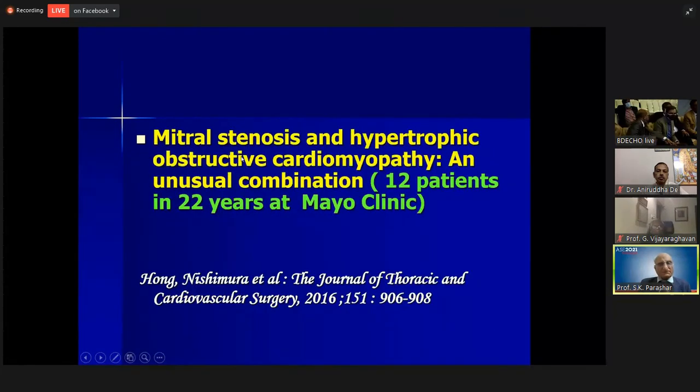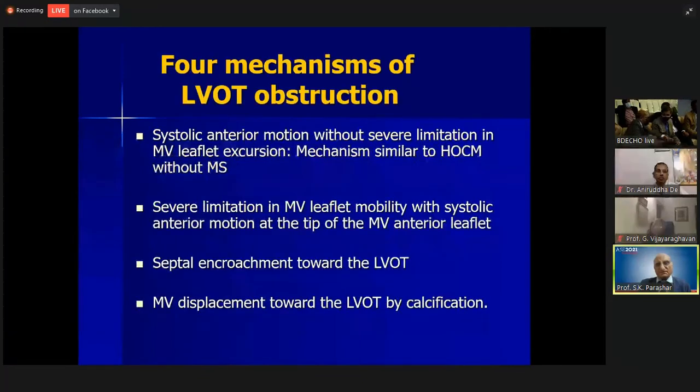The only study we found was from Mayo Clinic: mitral stenosis and hypertrophic obstructive cardiomyopathy, an unusual combination. They found only 12 patients in about 22 years at Mayo Clinic, usually with degenerative mitral stenosis, and there they put forward four mechanisms of LVOT obstruction.